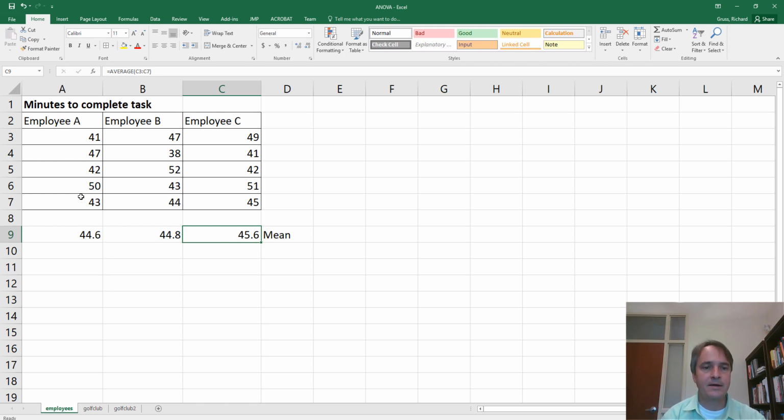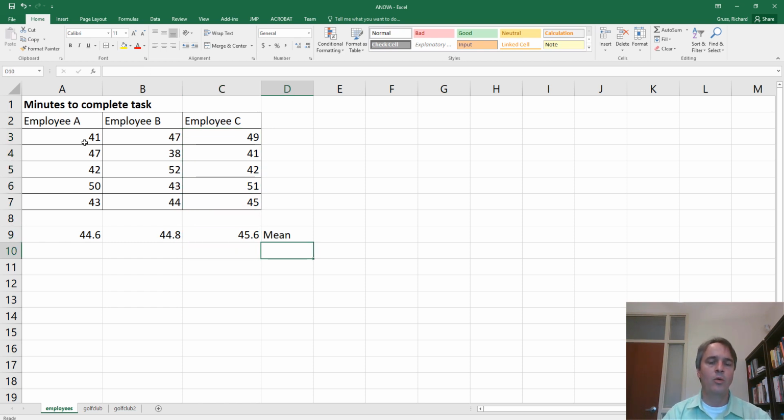So these differ by less than a minute, but what about within each employee? We can see that employee A ranged everywhere from 41 minutes to 50 minutes, and employee B ranged everywhere from 38 all the way up to 52, and employee C looks like 41 to 51.